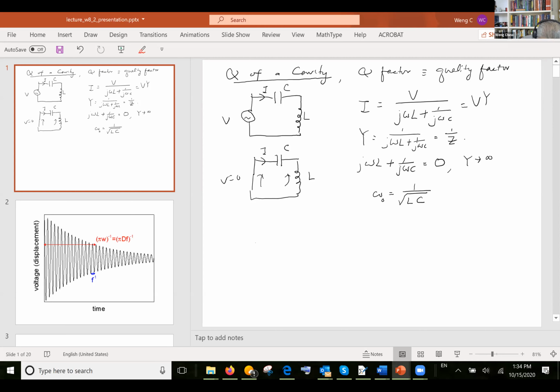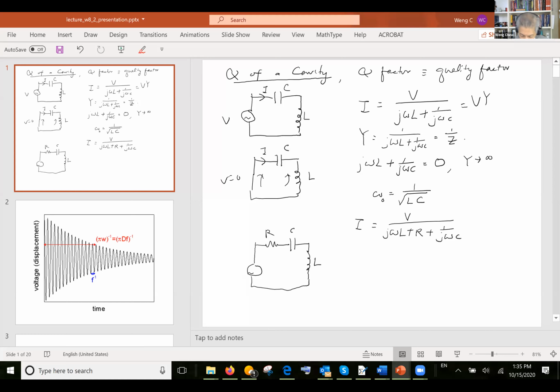So if you were to now add a small resistor in this LC tank circuit, you can again solve this problem using phasor technique very easily. You find that the current now is equal to V over j omega L plus R plus 1 over j omega C. However, there's a difference now because the denominator can never go to 0 with the real omega. If omega is real, the denominator is never equal to 0.